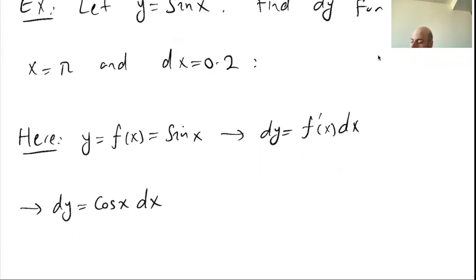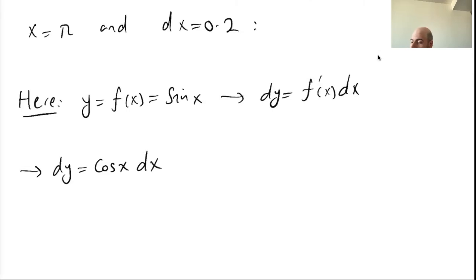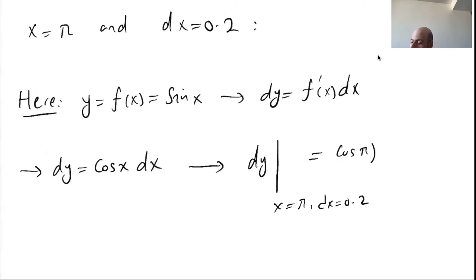So dy at x equals pi and dx equals 0.2 will be how much? It will be cos pi times 0.2. Cos pi is minus 1, so the answer will be minus 0.2. That will be our answer.